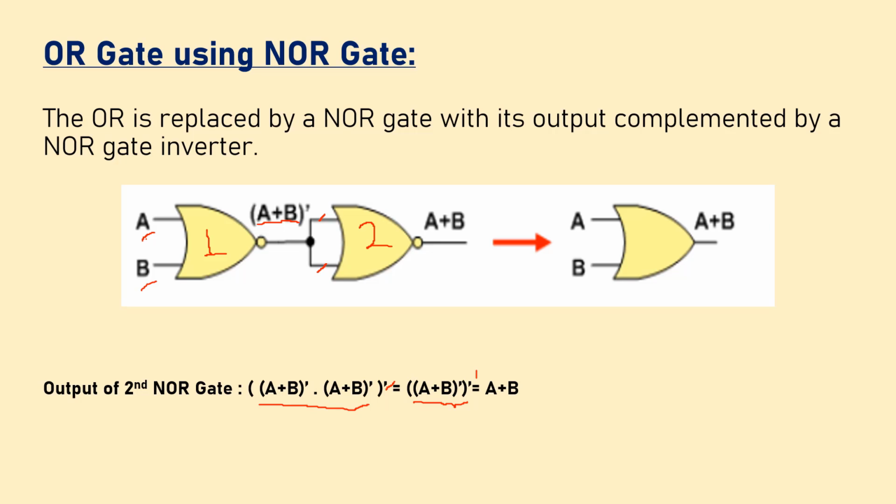And according to Boolean algebra law, we know that if there exists a double complement, it gets cancelled. So the outcome remains only A plus B. So this is how we can construct the OR operation with the help of NOR gates only.